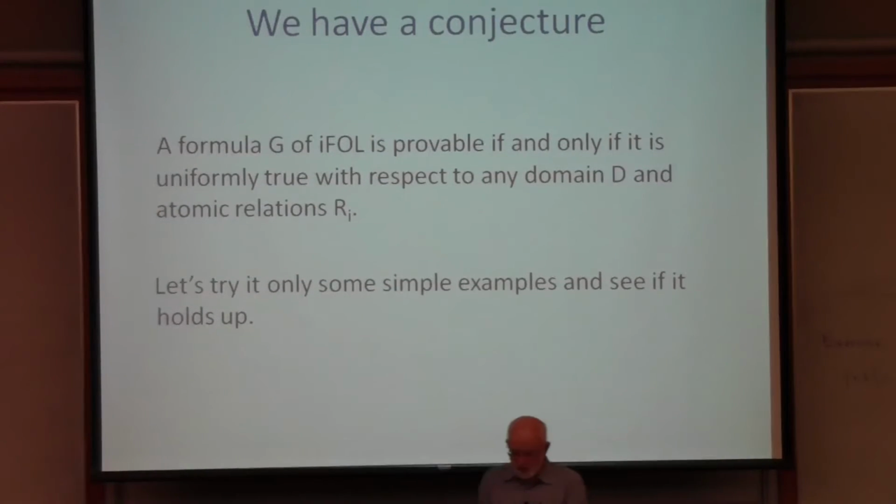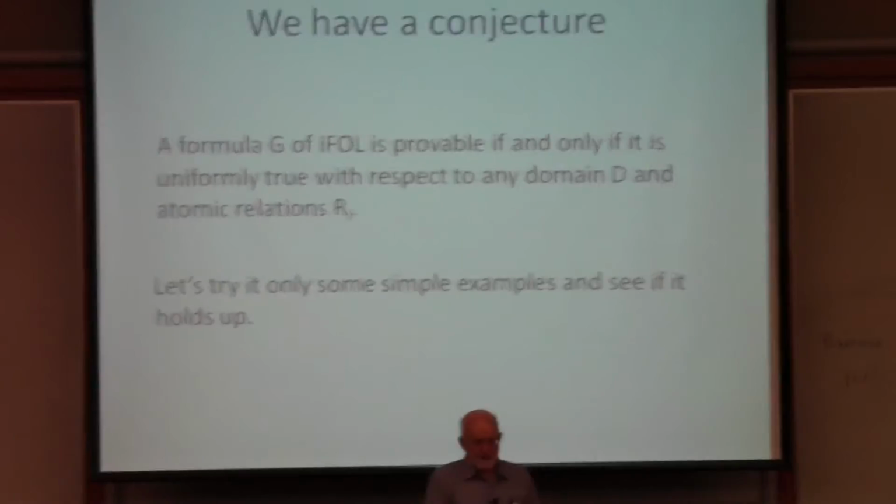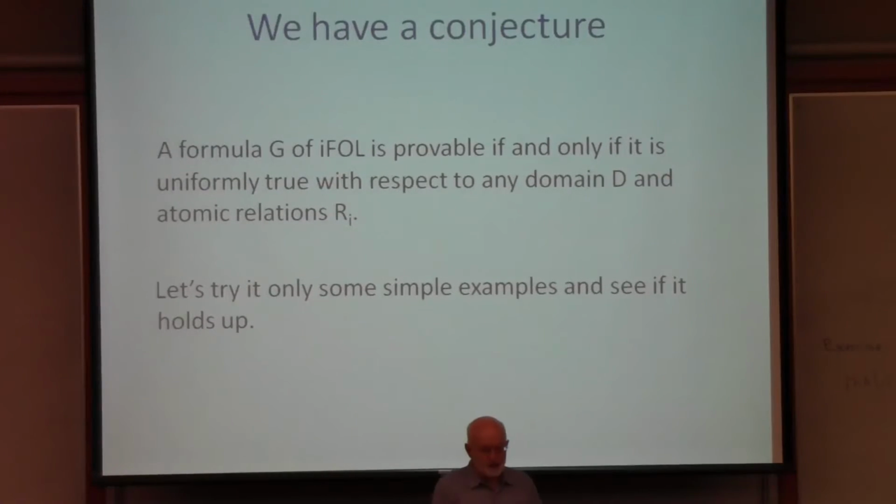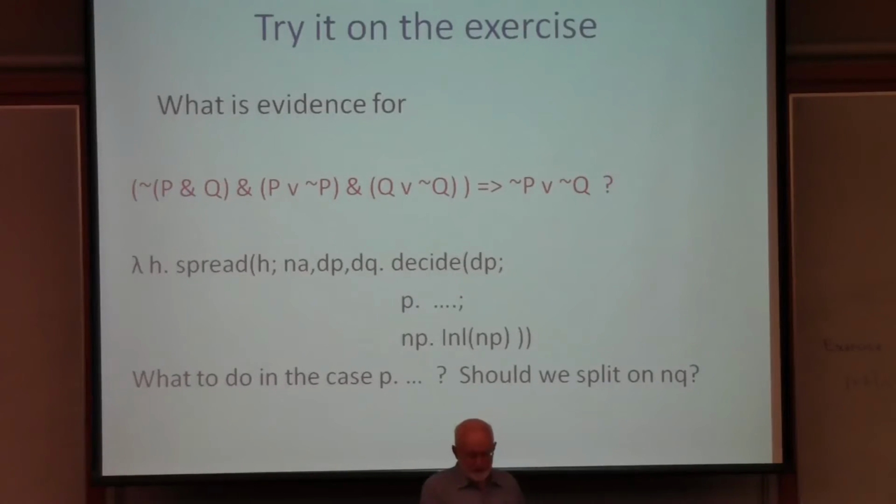Okay, so conjecture then. We have this conjecture. A formula G is provable if and only if it's uniformly true with respect to the domain and all of the atomic propositions Ri. So let's take this example that you guys did. How many of you got this little exercise? Okay, good.